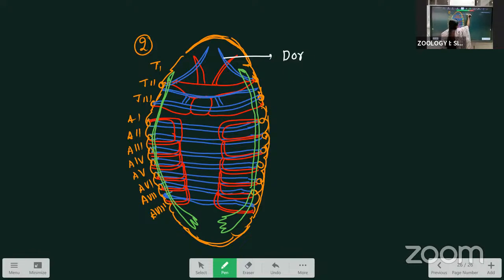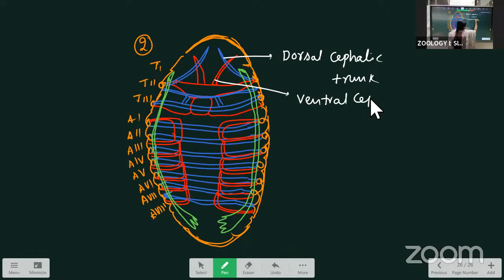Dorsal cephalic trunks. In the head region, cephalic trunks are present. This one is the dorsal one, and this one is the ventral. Every time, red color is the ventral side. The ventral cephalic trunk goes to the head. That's why we call it a cephalic trunk.